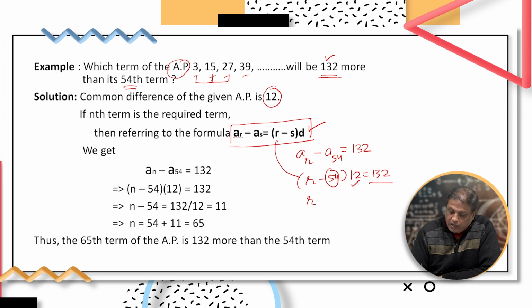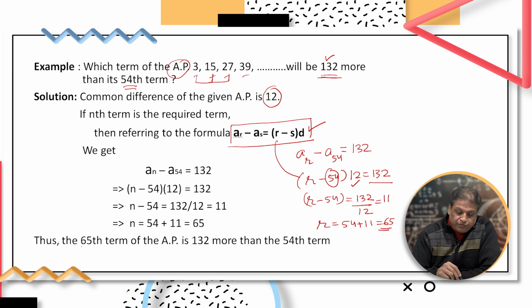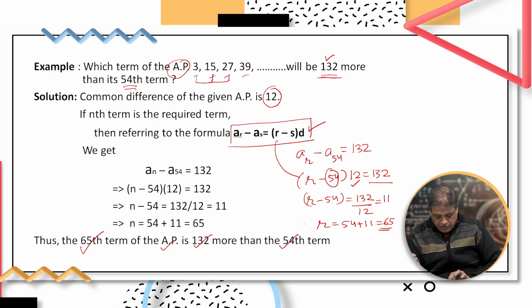Solving this expression, r minus 54 will be equal to 132 by 12, which is nothing but 11, and therefore r will be equal to 54 plus 11, that is equal to 65. So it is the 65th term of the arithmetic progression which is 132 more than the 54th term. I hope you are able to understand what this expression is all about.